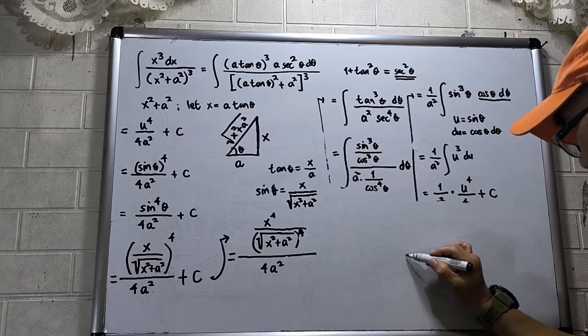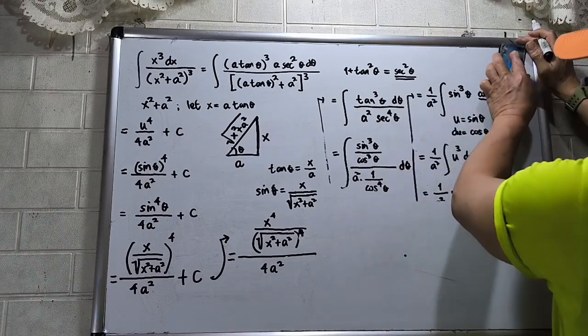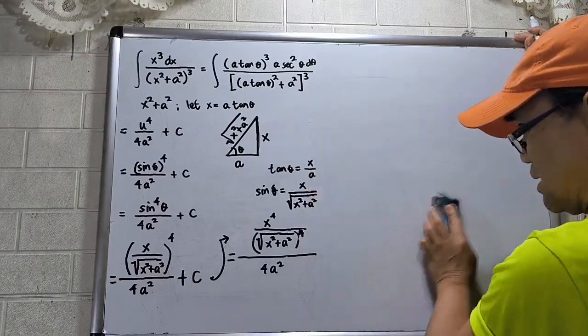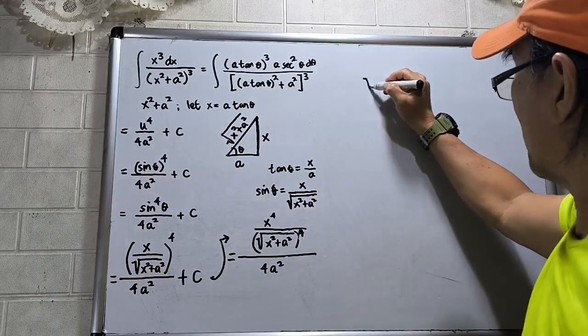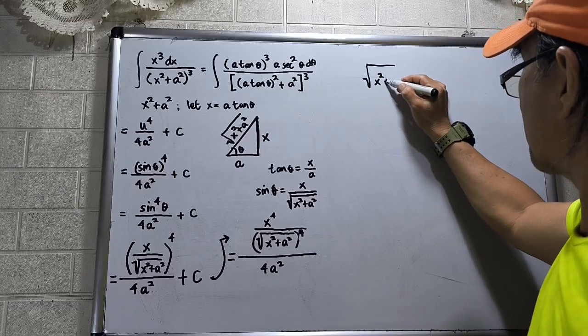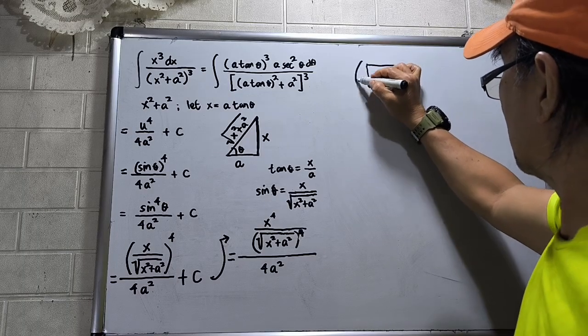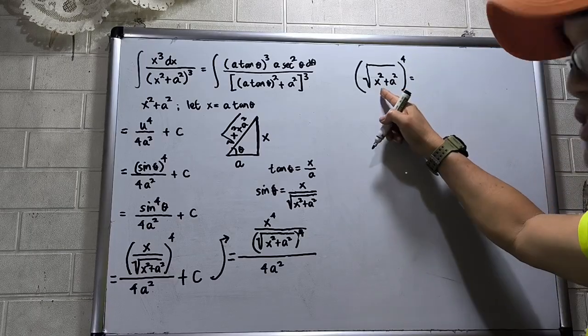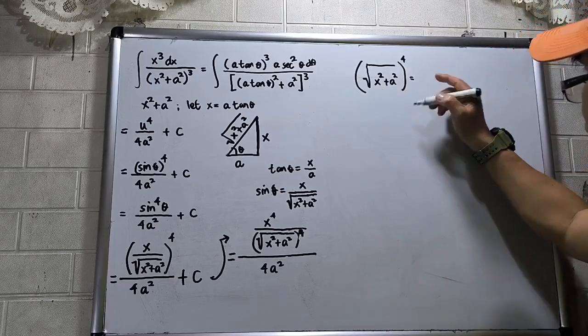So if you have now the square root of x squared plus a squared raised to the power of 4, I'll just convert this one to exponential.